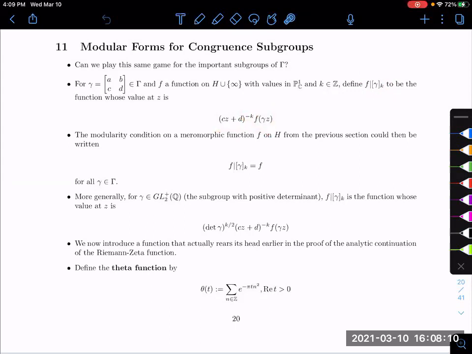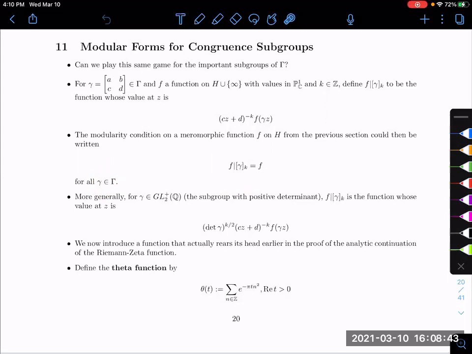So the automorphy condition on meromorphic functions on the upper half plane from the previous section, when we were looking at modular forms for all of SL2Z, instead of writing it as f of gamma z equals cz plus d to the k f of z, we could nicely and succinctly write that condition as f bracket gamma equals f for all gamma in SL2Z. That's just to keep things simple, do less writing, less talking, less notating.